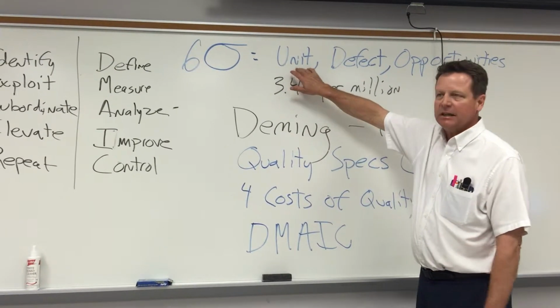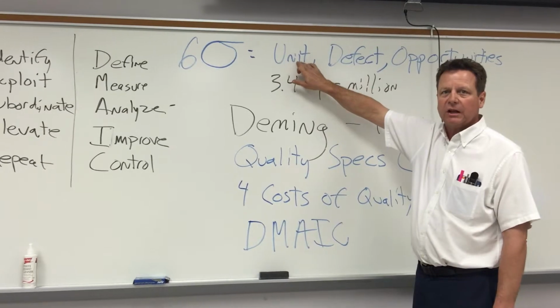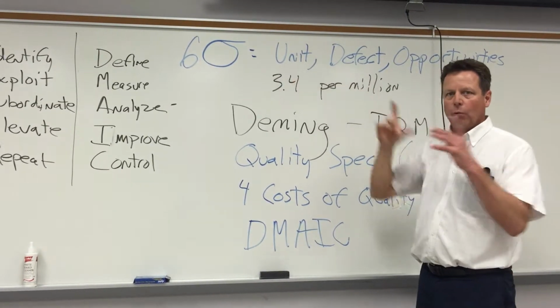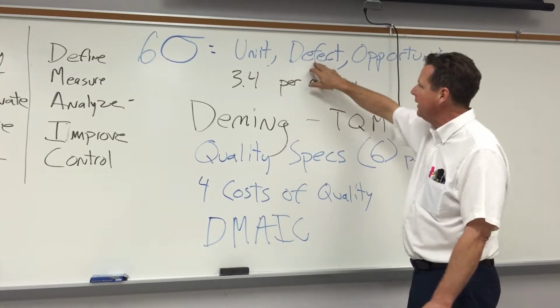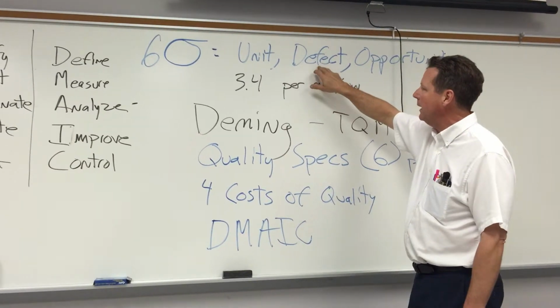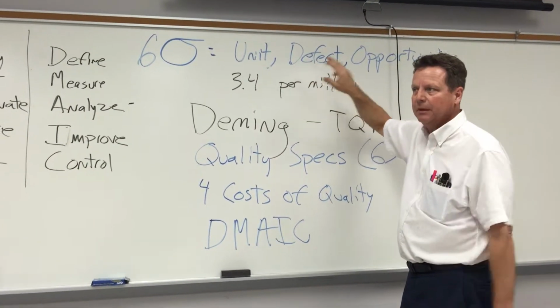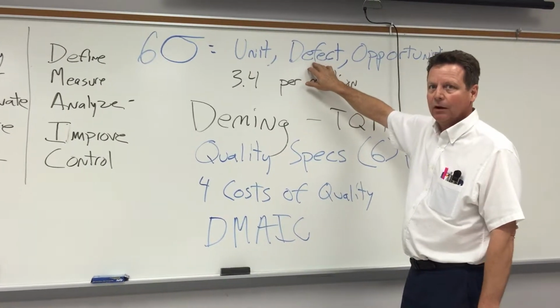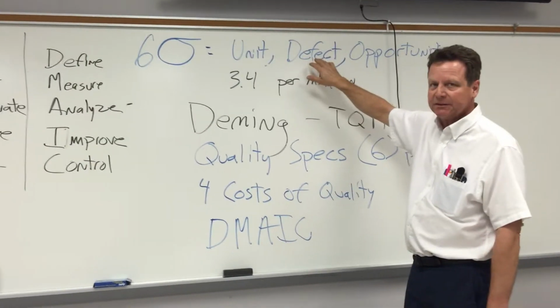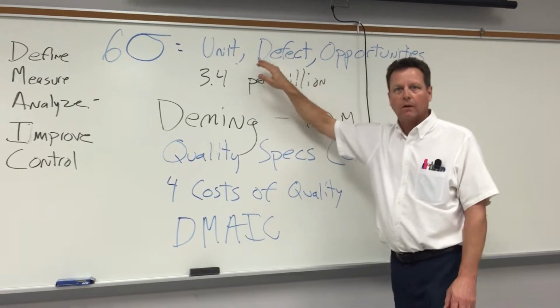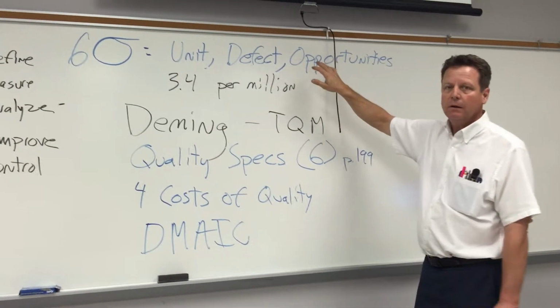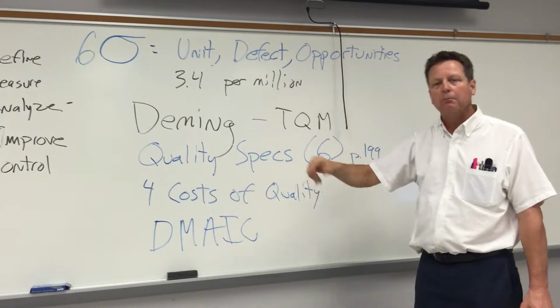So a unit is each one of the products that you're selling. All right, that can be one part or it can be a whole bunch of parts brought together. A defect is anything that does not meet customer requirements or anything that is out of specification. And an opportunity is any opportunity to make a defect.